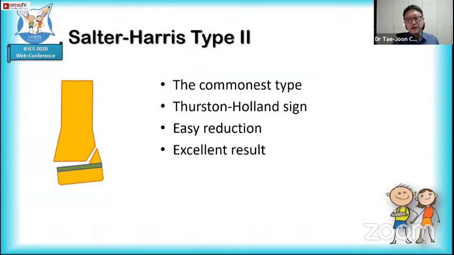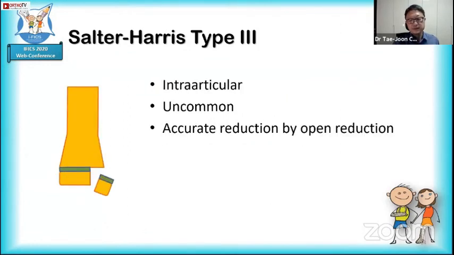Type 2 is the commonest type. A triangular metaphyseal fragment called the Thurston-Holland sign is the radiographic hallmark of this type. The periosteum on the Thurston-Holland fragment side usually remains intact, while the periosteum on the other side is torn and stripped from the metaphysis. Type 2 also has excellent results in most cases.